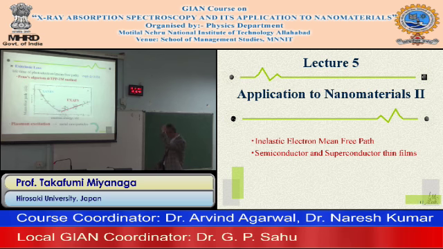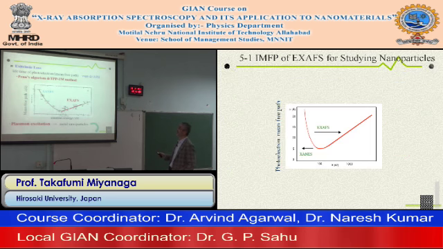Now we consider the effect of intrinsic loss or extrinsic loss on the mean-free path. In other words, the lifetime of the photoelectrons. In the EXAFS equations, the mean-free path effect is incorporated in such a function.